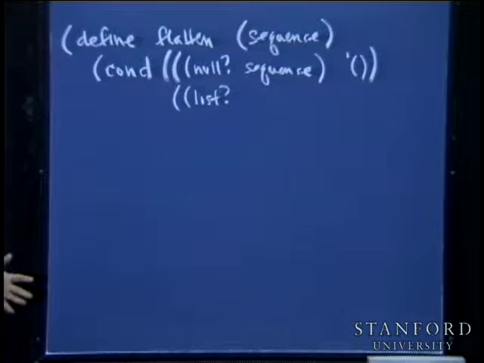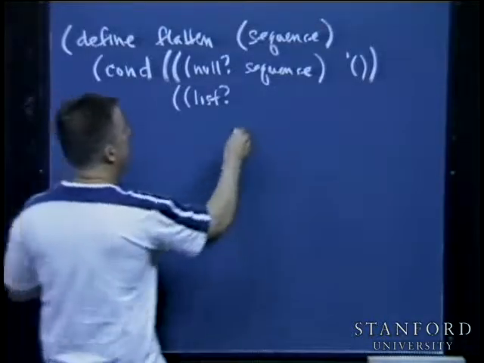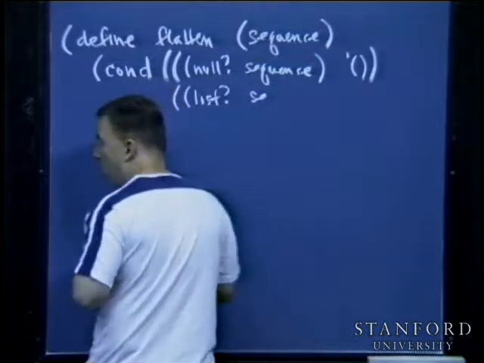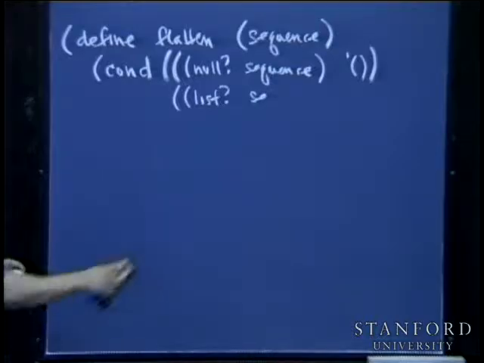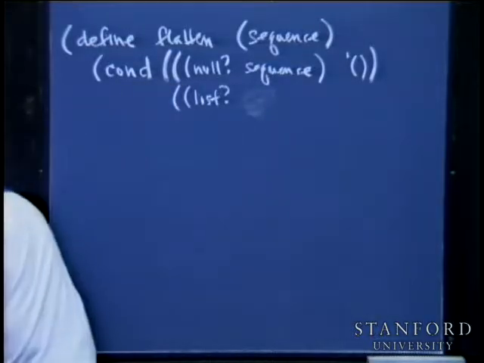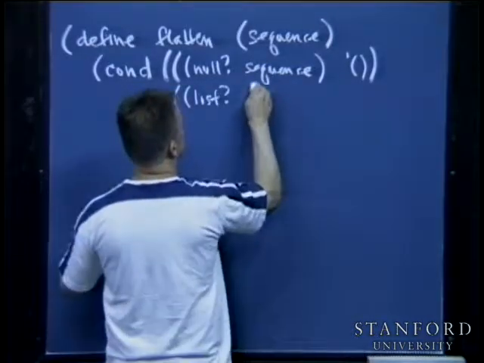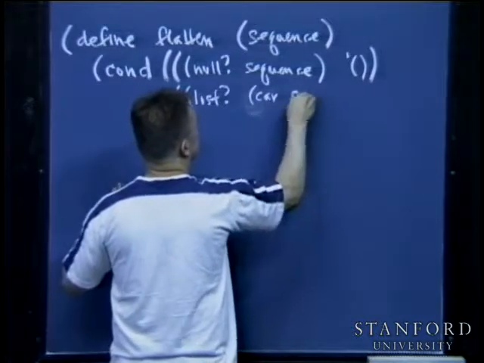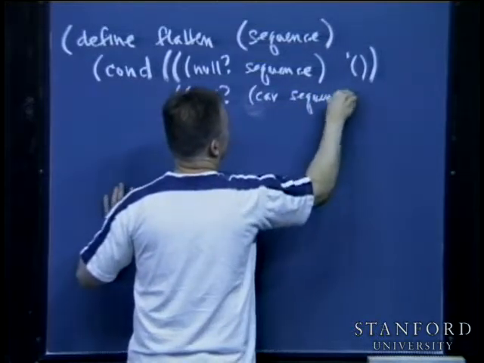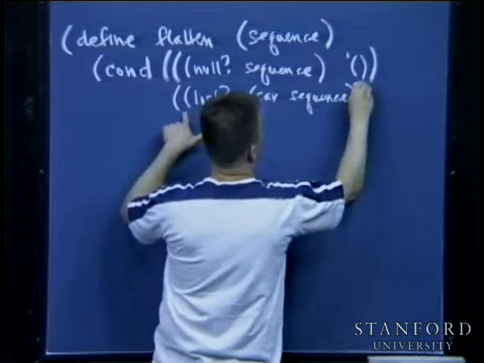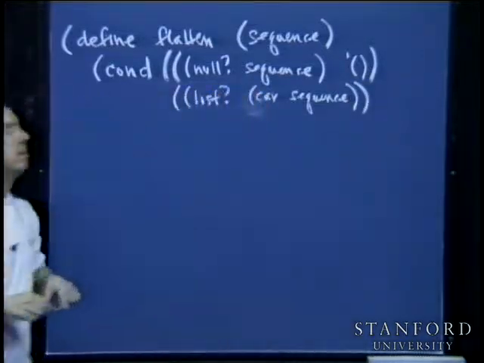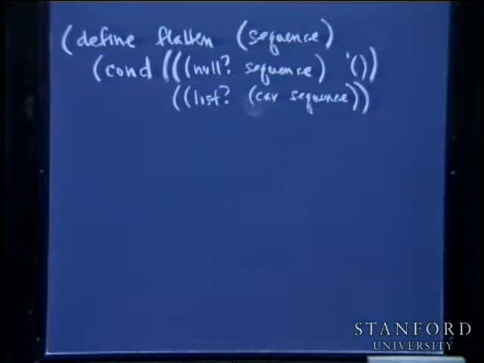Because if so, I want to react differently. Is car of sequence a list? If so, what I want to do is I want to flatten the car, I want to flatten the cdr, and I want to append them. Does that make sense to people?